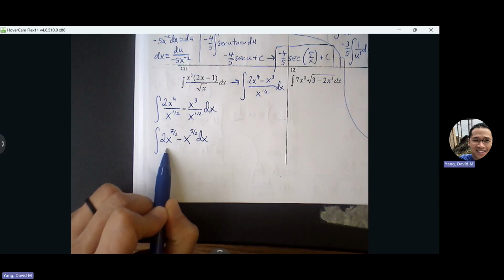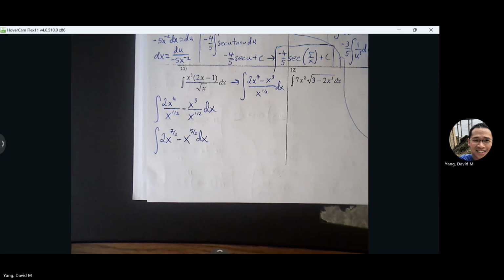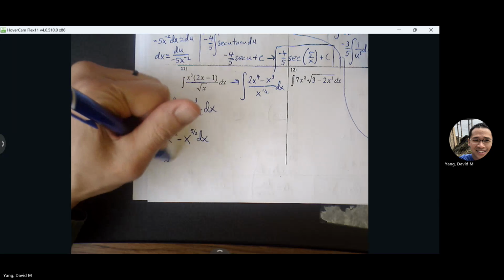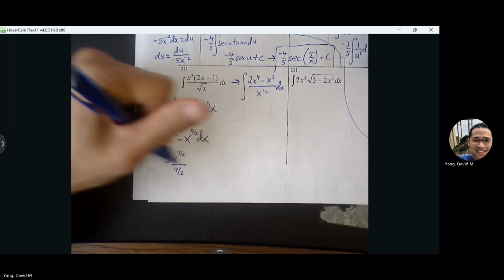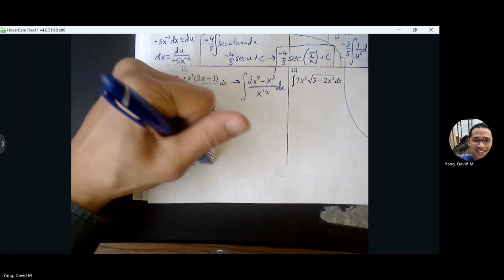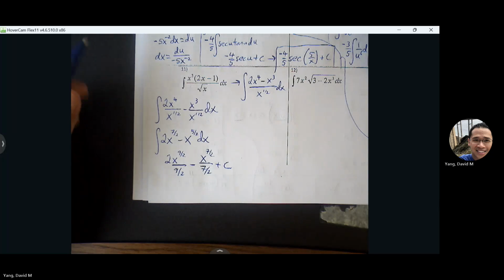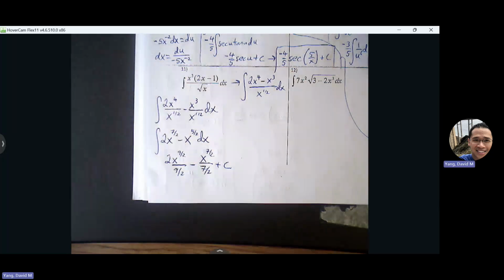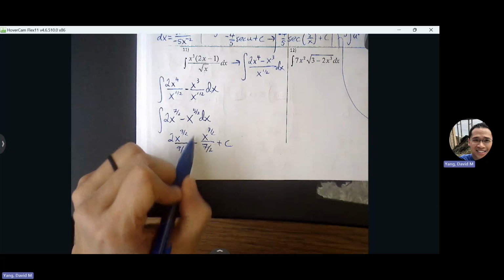No x's divided by each other, no parentheses. Now we can do power rule. Flip that 9/2 up as 2/9. Flip the 7/2 up as 2/7.